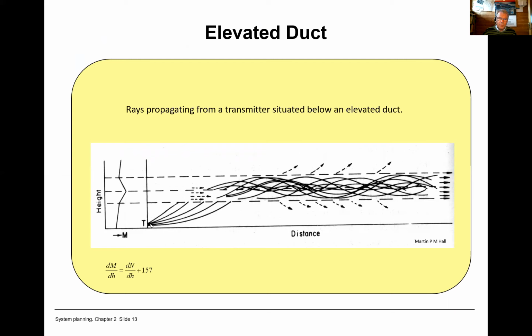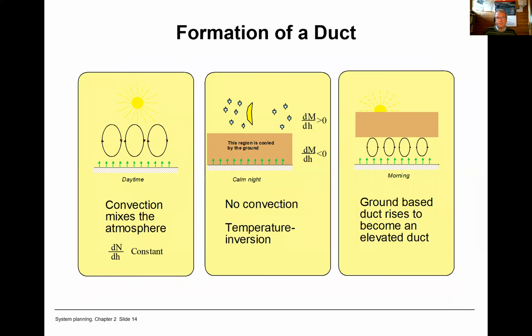When the energy that comes from your transmitter goes into this elevated duct, it's transported along this elevated duct. And since the radio energy is not released from that duct, it can travel very long, much longer than under normal conditions.